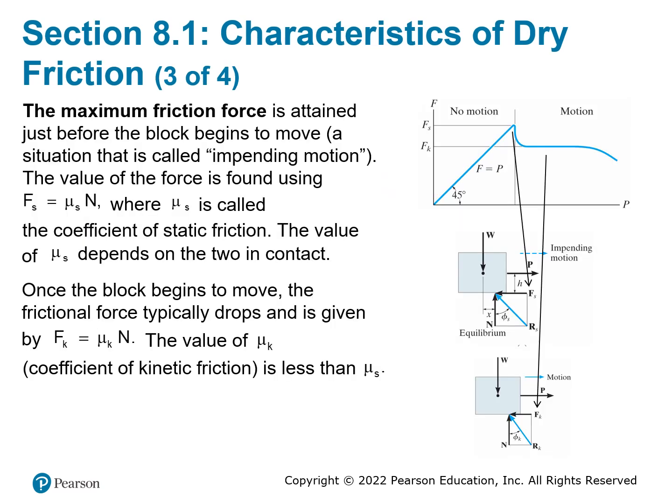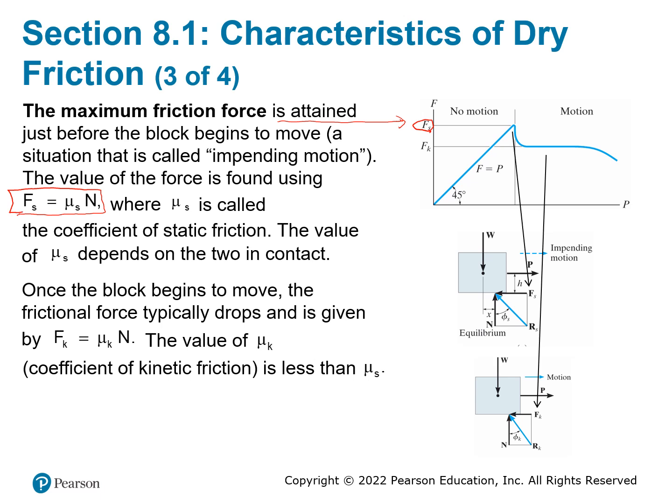So the maximum friction force, which is this one here, is the impeding motion force, the highest force that will stop it from moving. And we can calculate this by using this equation right here. The Fs represents the static friction force.